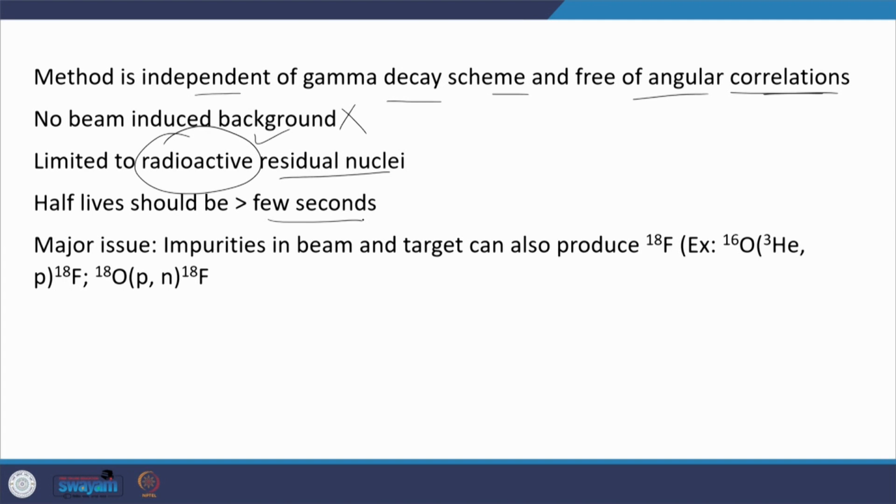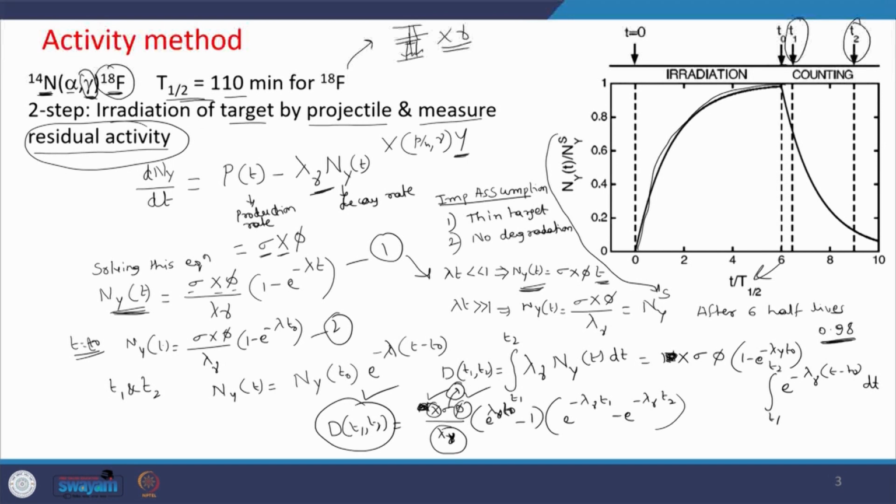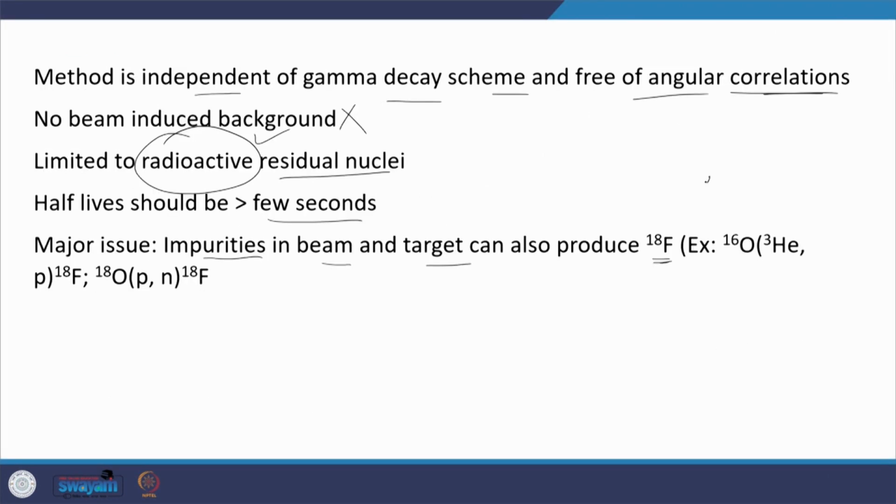One of the major issues is impurities in the beam or in the target. If you remember the reaction, earlier it was alpha plus nitrogen 14 giving rise to fluorine 18 plus gamma. This fluorine 18 is unstable, and we are measuring the gamma ray decaying through fluorine 18, via positron decay.